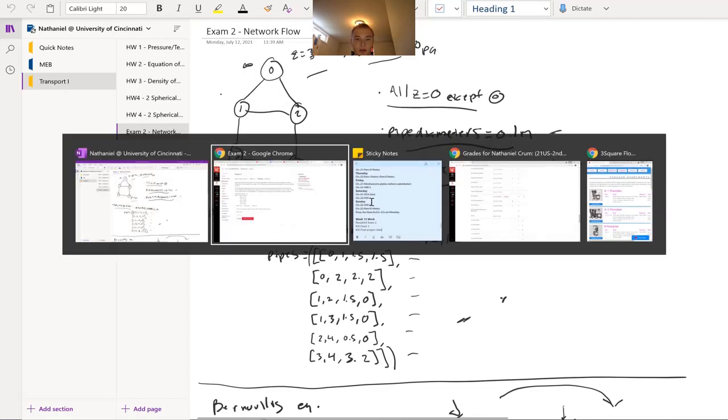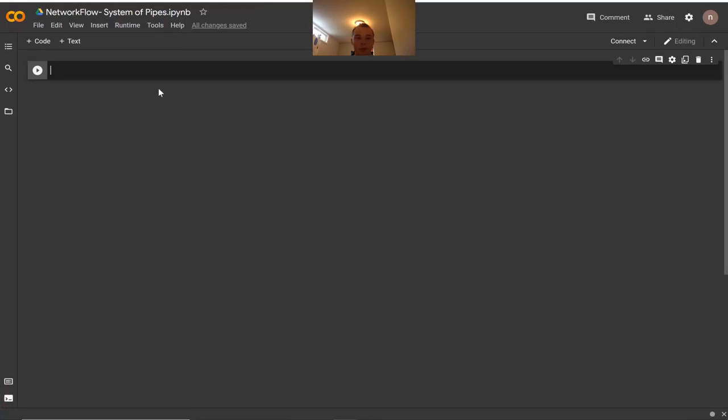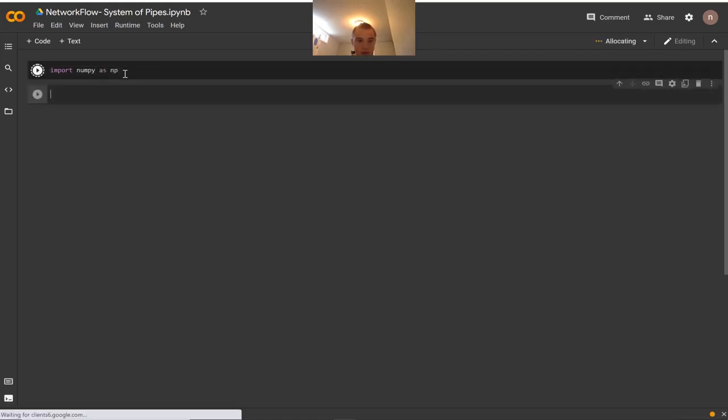And so we're going to head over to Colaboratory, and we're going to first set our imports. So we're going to import numpy as np, and we'll shift enter that. And then we want to set our variables, which will have g, equal to 9.81.